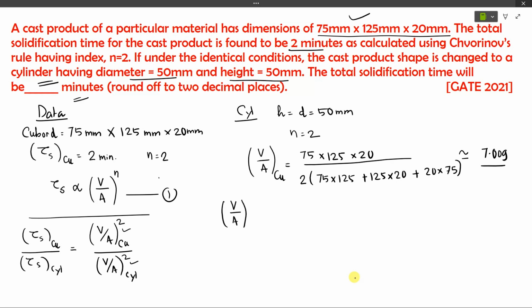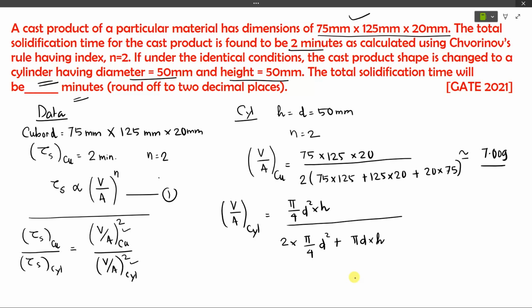Similarly, we'll find out the value of V by A, volume of the casting by total heat dissipation area, for the cylinder. For the cylinder, the volume would be pi by 4 into d square into h. To find the total surface area, in a cylinder there are two circles, so 2 into pi by 4 into d square, plus the remaining curved surface area, which is pi d into h.